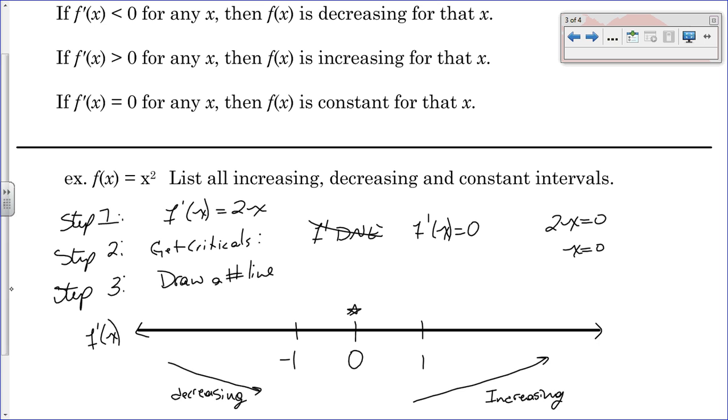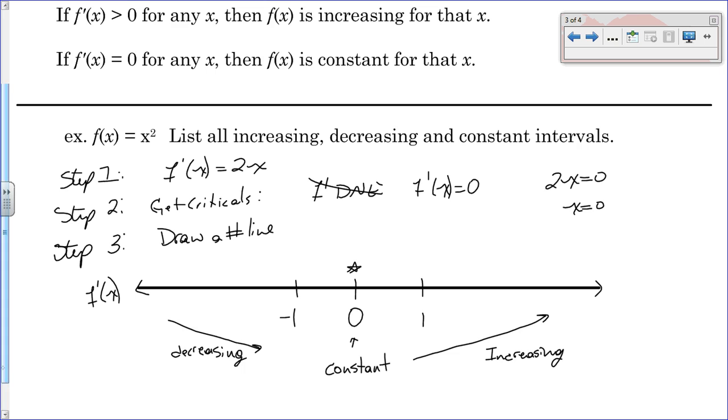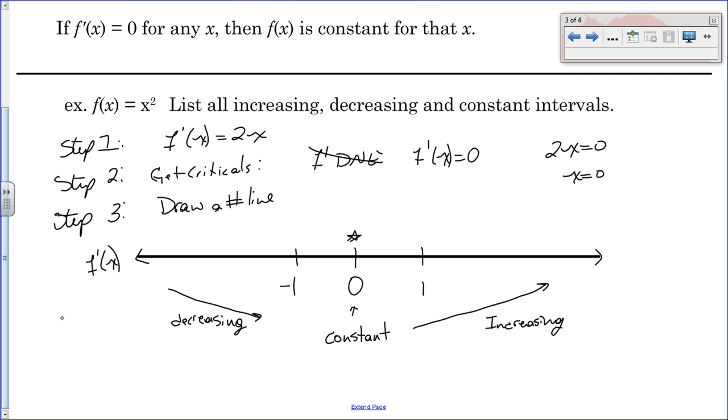Now don't forget to plug in your critical value of 0. If you plug in 0, we get 0. So at 0 is the only place where it is constant. So let's write our intervals.